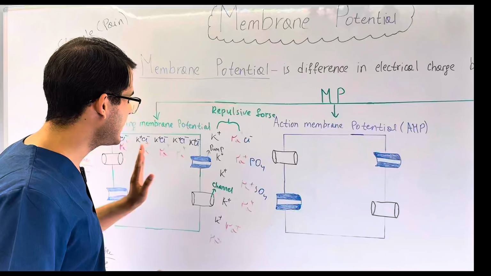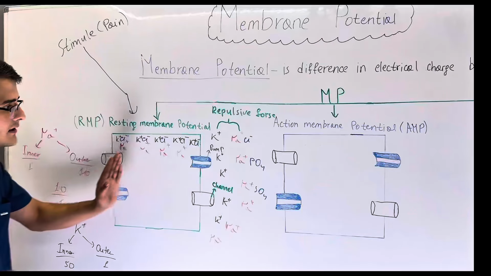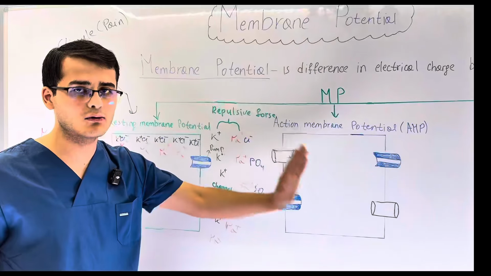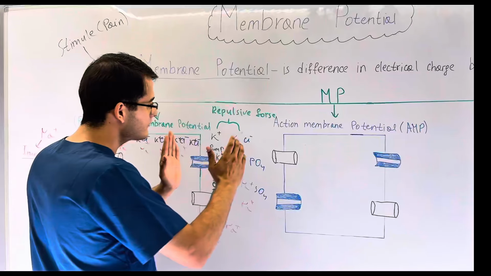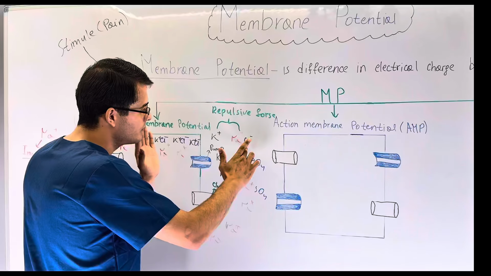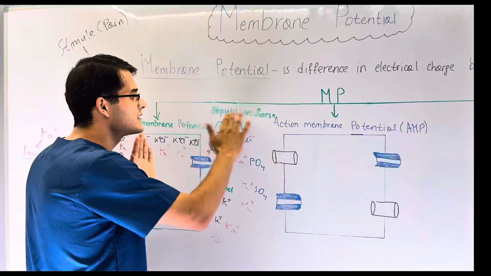But as we remember, the ratio of the sodium will be 10 by 1. It means that the sodium is more outside and the potassium is less outside. And when the sodium tries to enter the cell, there will be a repulsive force.